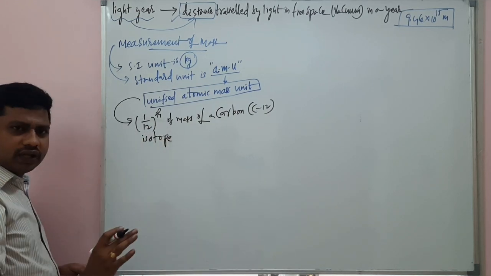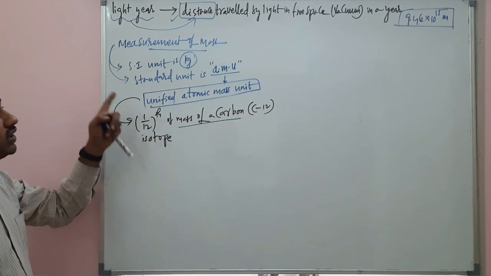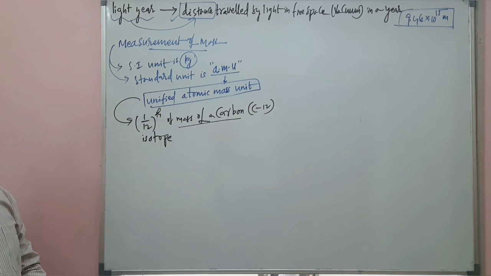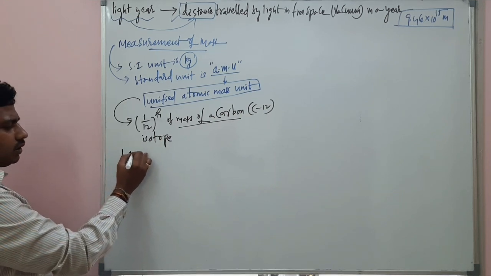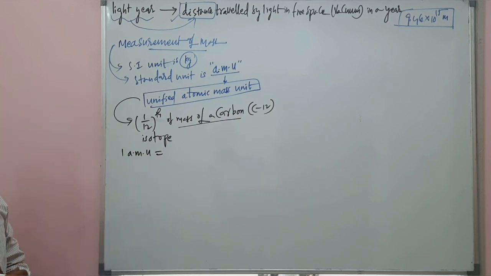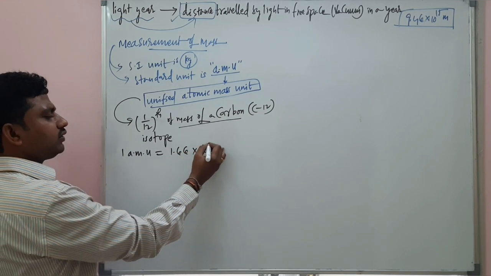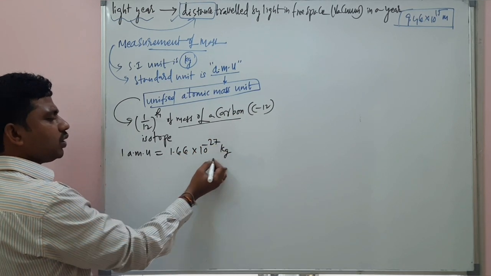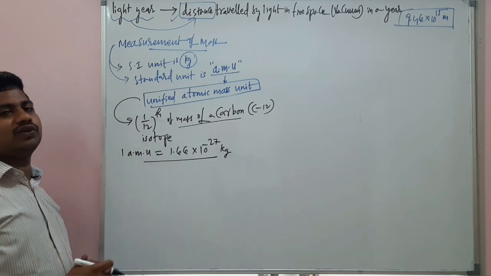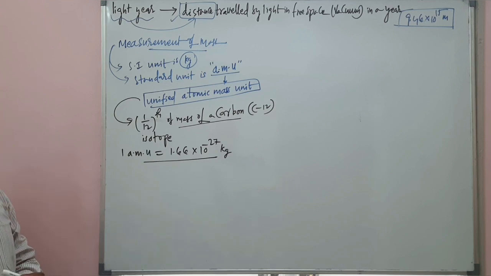Any carbon isotope you take, 1/12 of its mass is called AMU, the atomic mass unit. Now, one atomic mass unit is how much? This is also a very important numerical value. It is 1.66 into 10 raised to minus 27 kilogram. You can see how small it is. So that is also a standard unit of mass.